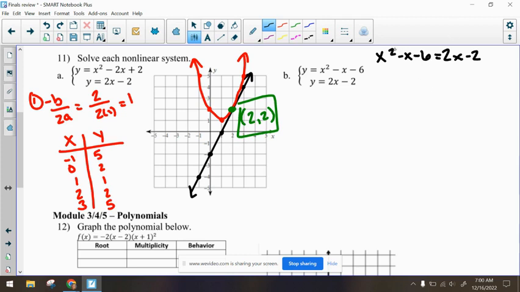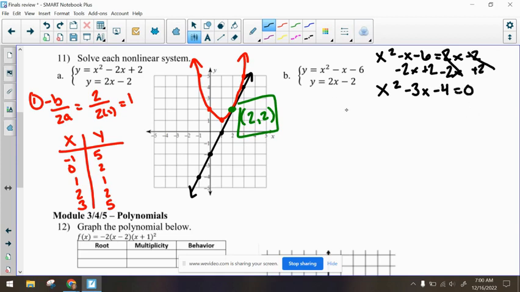Because if we're solving something with x squareds and x's, we're probably going to factor, or could potentially need to do quadratic formula. So I'm going to subtract 2x on both sides. I'm going to add 2. So we're left with x squared minus 3x minus 4 equals 0.